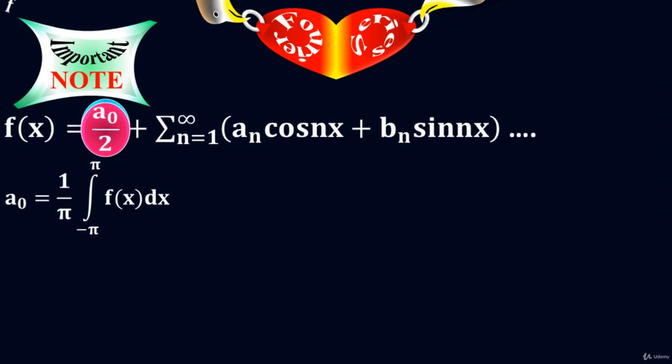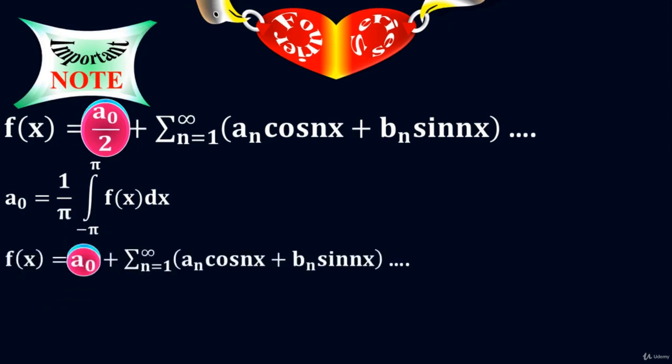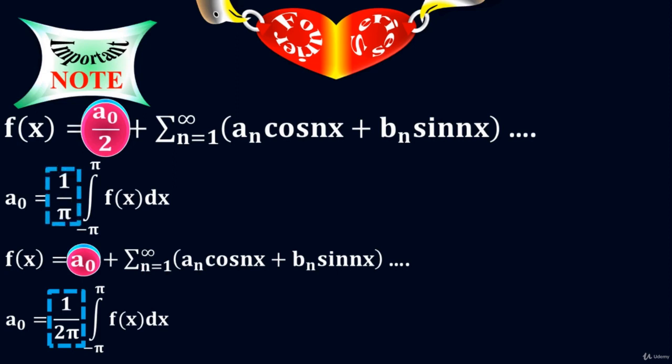But in some books they have written a sub naught, where the coefficient a sub naught equals 1 over 2 pi times the integral of f of x dx. This is the only difference, whether you write a sub naught over 2 or a sub naught only. If you have a sub naught, you will have 1 over 2 pi. But if you have a sub naught over 2, you will have 1 over pi, because the 2 will cancel with the 2.